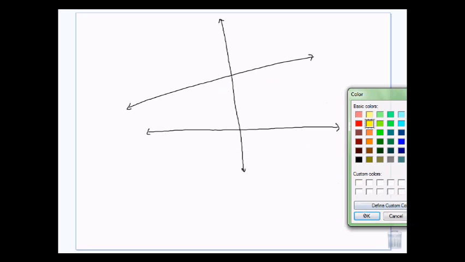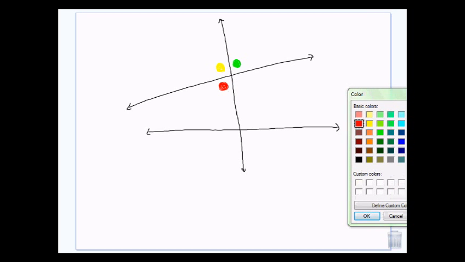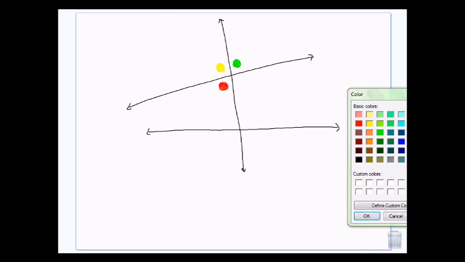So I'll have yellow here, and I'll have green here, and I'll have red here, and what do you say, purple? That's not a very bright purple. Let's do a better purple.